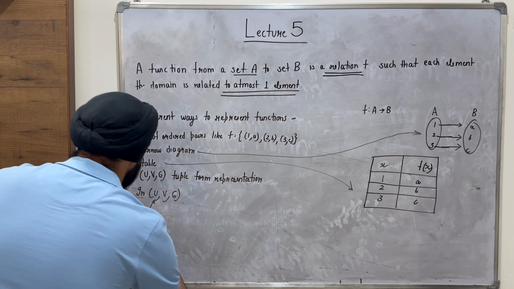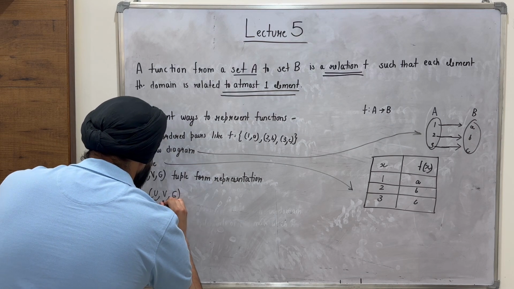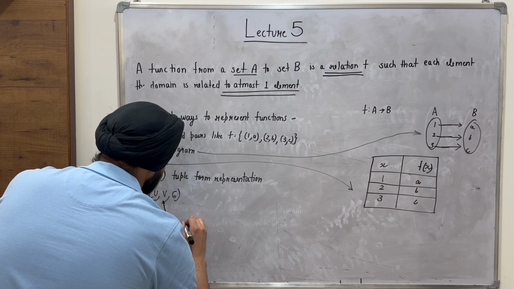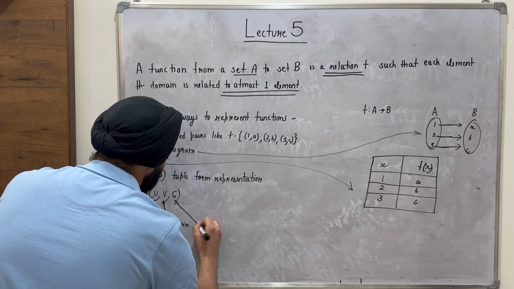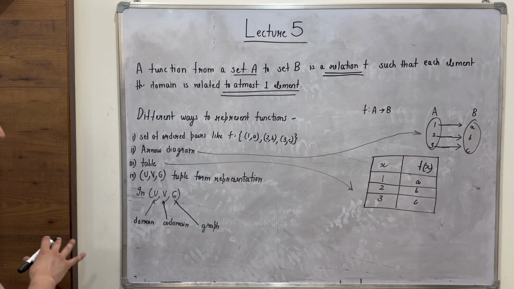U over here is the domain, right? V is the codomain, and G is the graph. Now I'll try to explain each one.